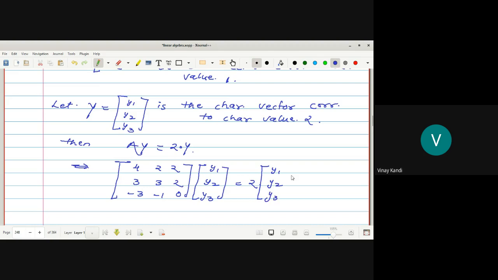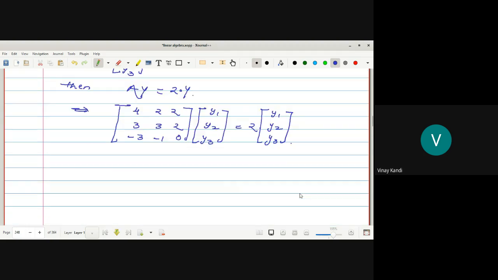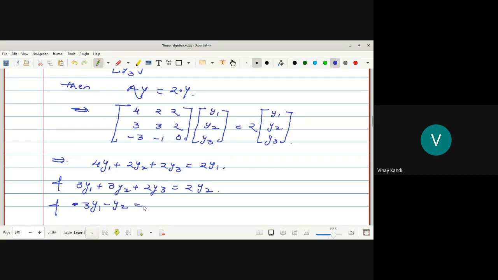So 4y1 plus 2y2 plus 2y3 is equal to 2y1, 3y1 plus 3y2 plus 2y3 is equal to 2y2, and minus 3y1 minus y2 is equal to 2y3.